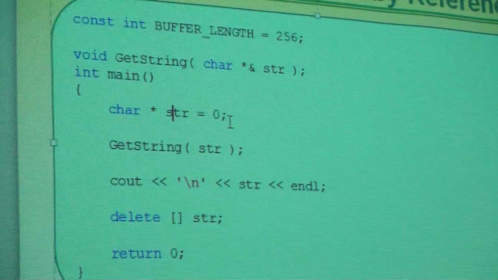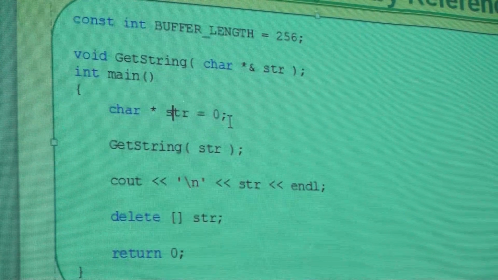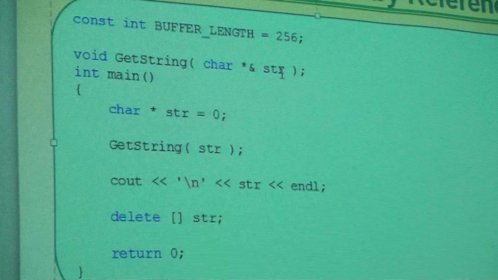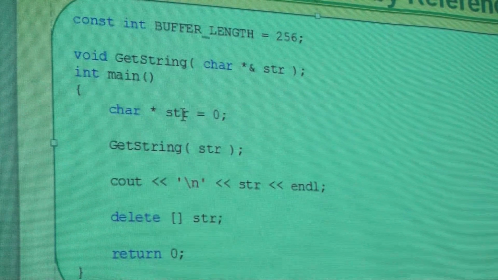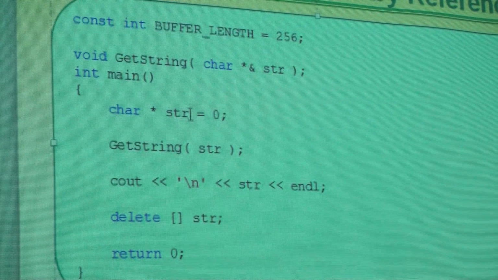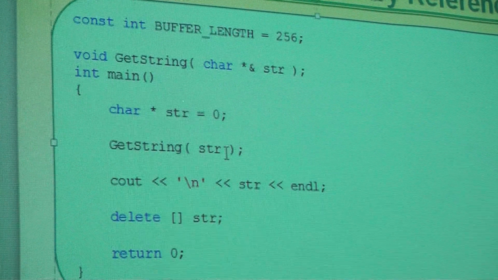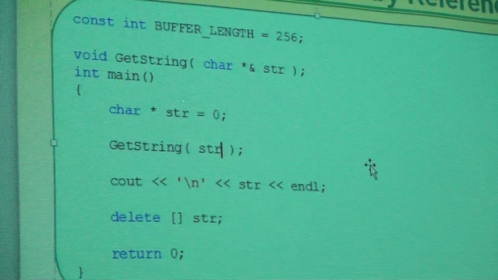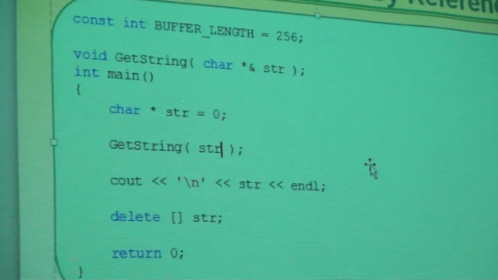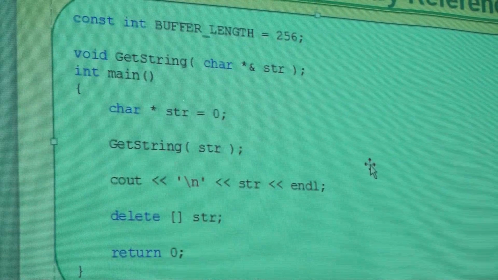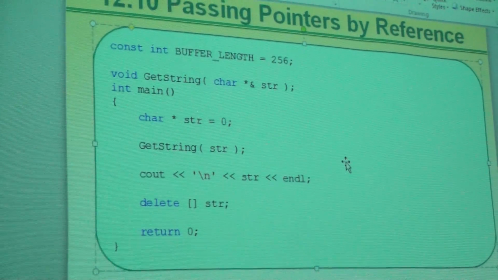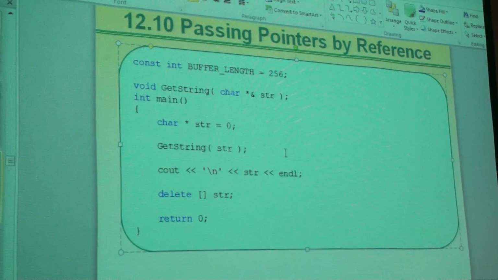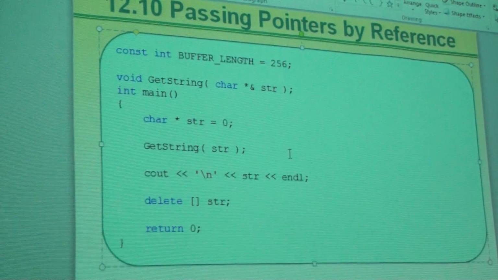I hope you don't. Convince yourself by changing this one right here to str1 and calling getString with str1, and everything will work just the same. Okay, this str up in the prototype and this str are not the same variable.